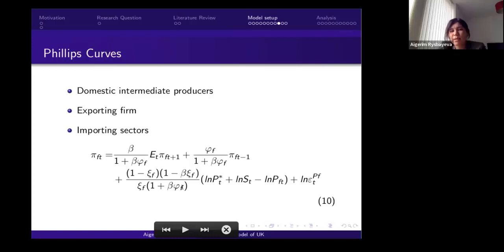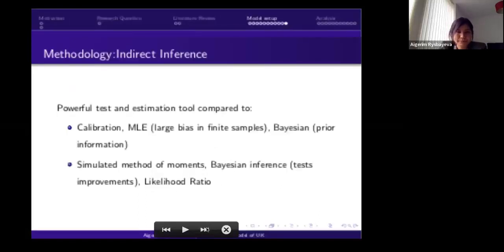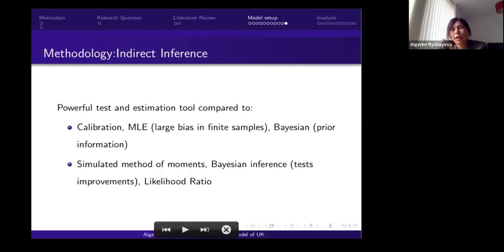Indexation means how yesterday's price affects today's price, so the indexation parameter also matters. But when I estimated my model, I realized that the indexation parameter is not as important as price rigidity. Then we have government spending, the budget constraint, and quite standard Taylor rules.